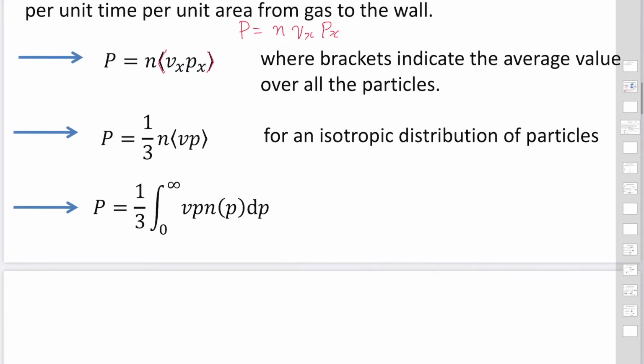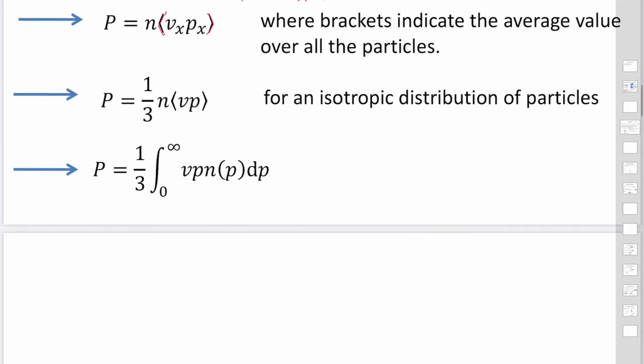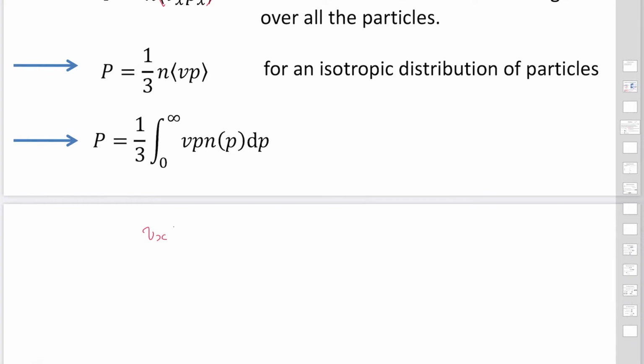Then, if we consider the isotropic distribution of the particles, there is no special direction. The X direction, Y direction, and Z direction are all the same. So this means v_x p_x plus v_y p_y plus v_z p_z is equal to v_x p_x plus v_x p_x plus v_x p_x.